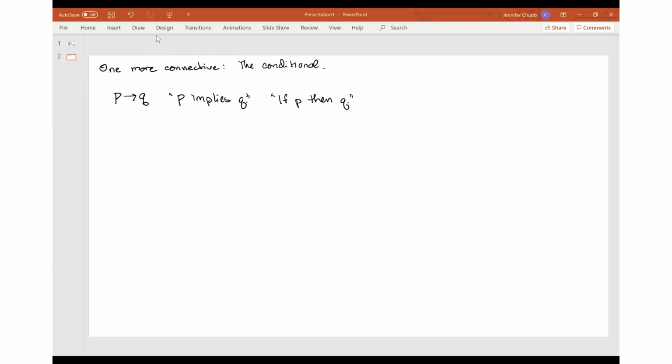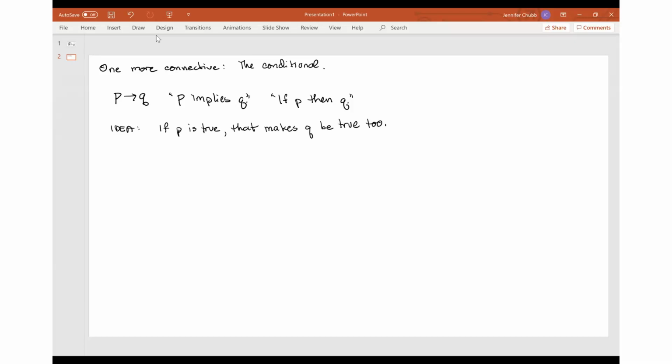At least it doesn't feel like it initially. So when we think about something like if P, then Q, we are thinking of it as somehow, if P is true, that makes Q be true, right?